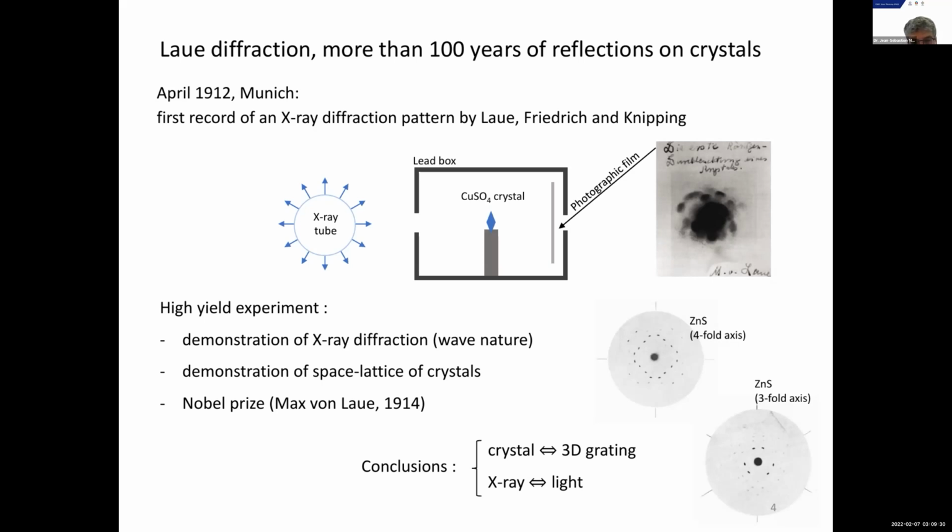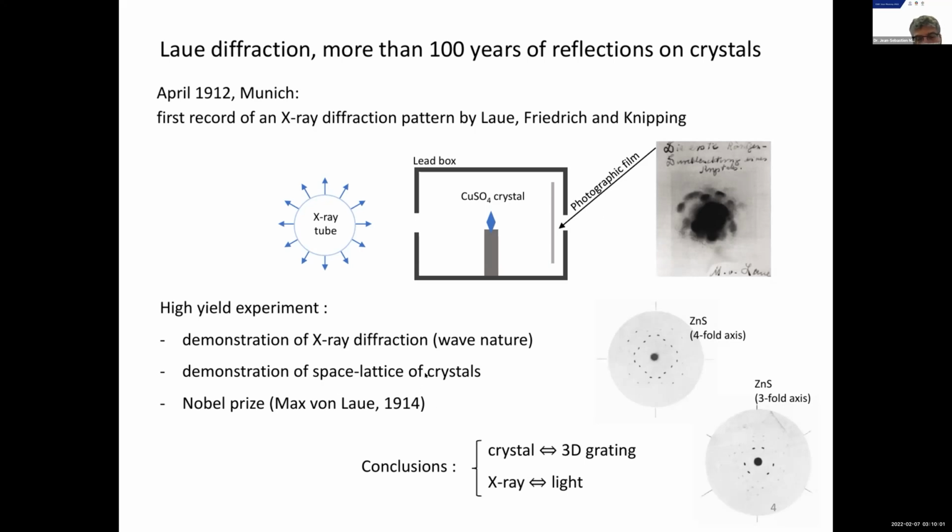The team of Laue performed this experiment, putting a single crystal close to a raw X-ray tube at that time. This is what they measured on the photograph film, and clearly we can recognize that there is something discrete and not continuous. So there could be a relationship between the crystal and the X-rays.